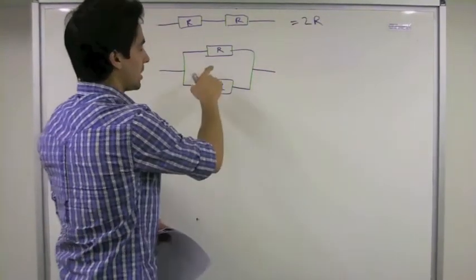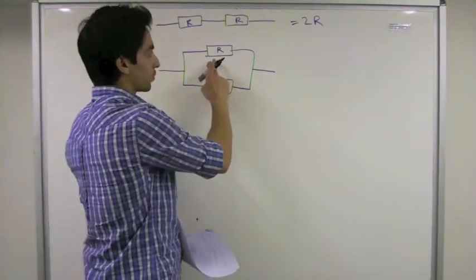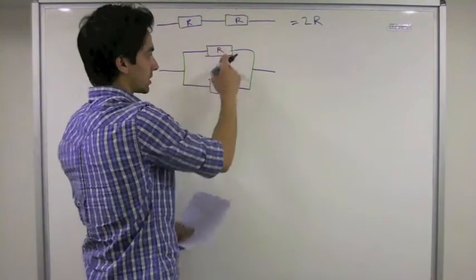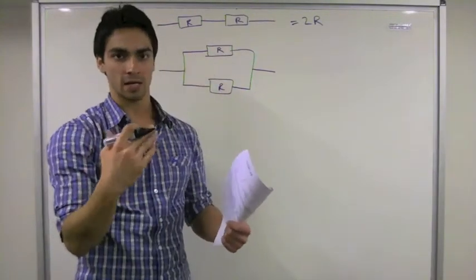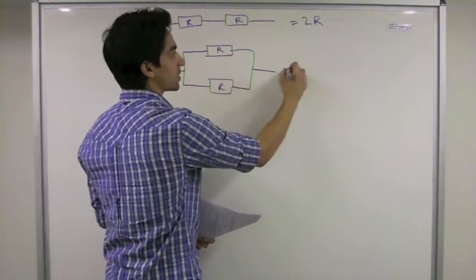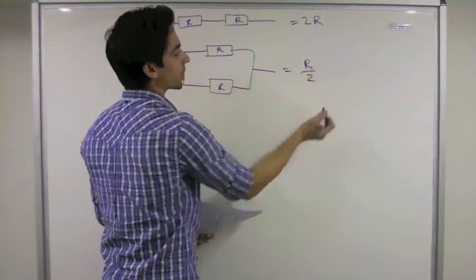Okay. Now, in a parallel circuit, a shortcut method to remember is that if I have equal resistances in parallel, the resistance will get divided equally, which means the effective resistance here will be R over 2. Okay?